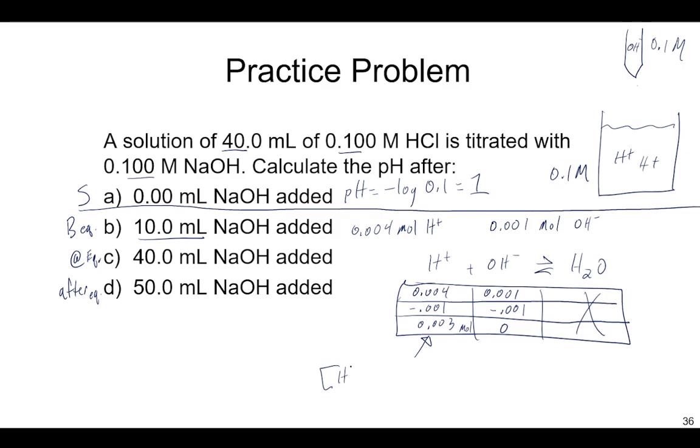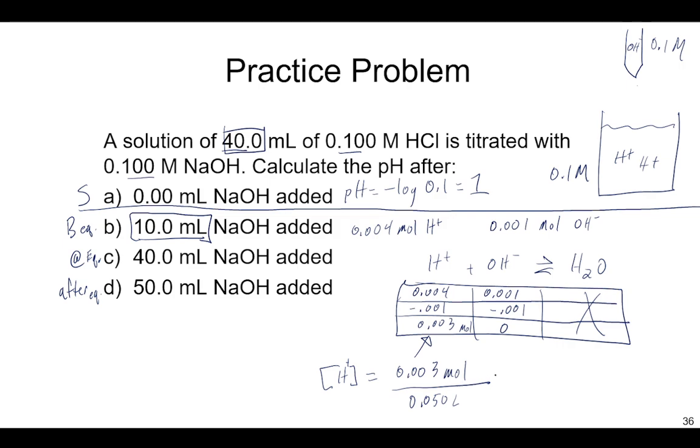And I'll then want to calculate the concentration of that H plus, which is going to be the moles divided by the new volume. The new volume here is 10 plus 40, so 50, so 0.050 liters.